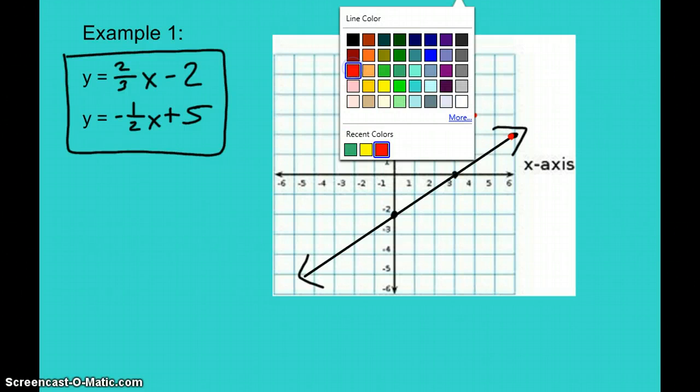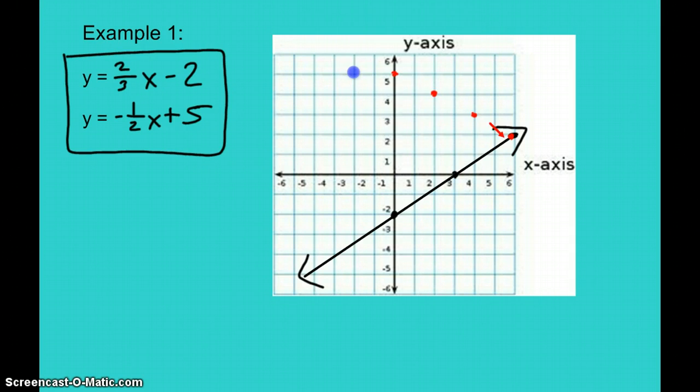In other words, I'm looking for that point where they intersect. So I'm going to draw in my line now, and we see this point here, the point (6, 2), is the point where the two lines intersect. So that represents the solution to my system.